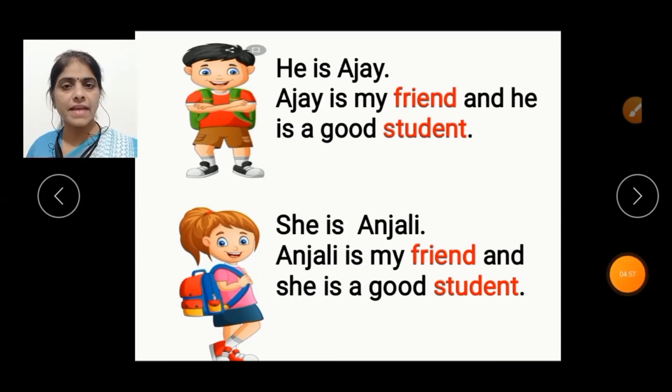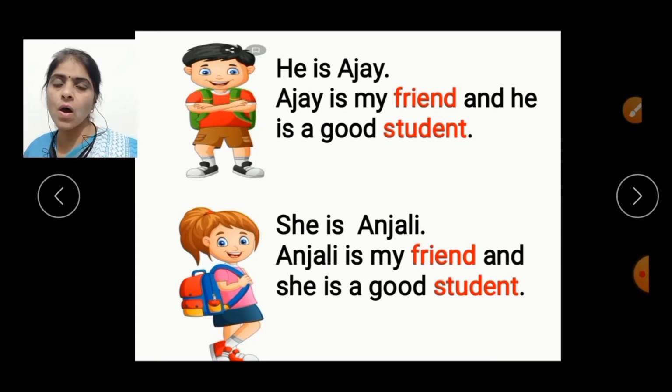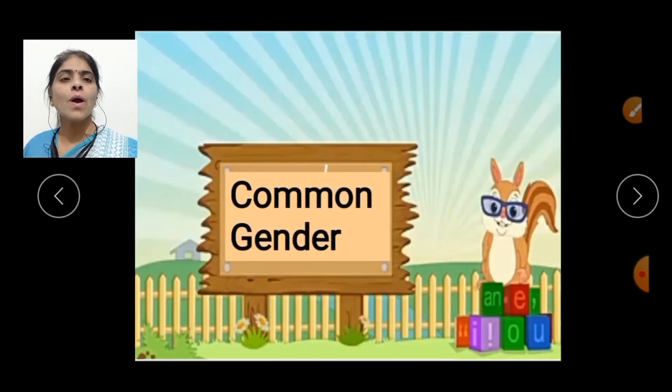Or we can say these both words are used for masculine gender or feminine gender. And these both nouns are common for males and females. So the nouns which refer to both males and females are called common gender.